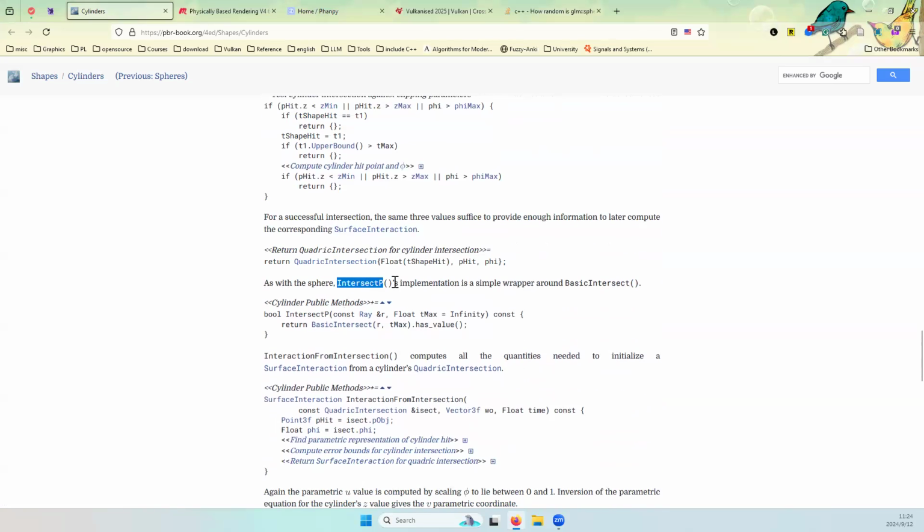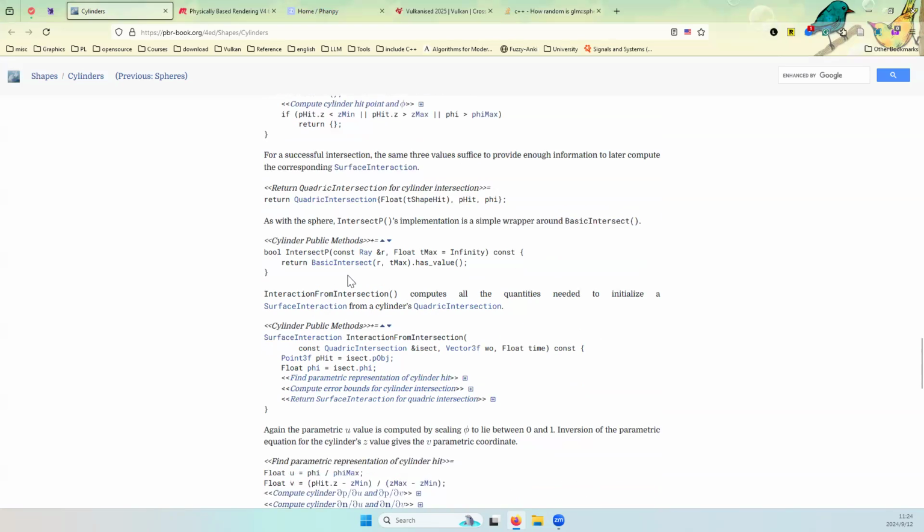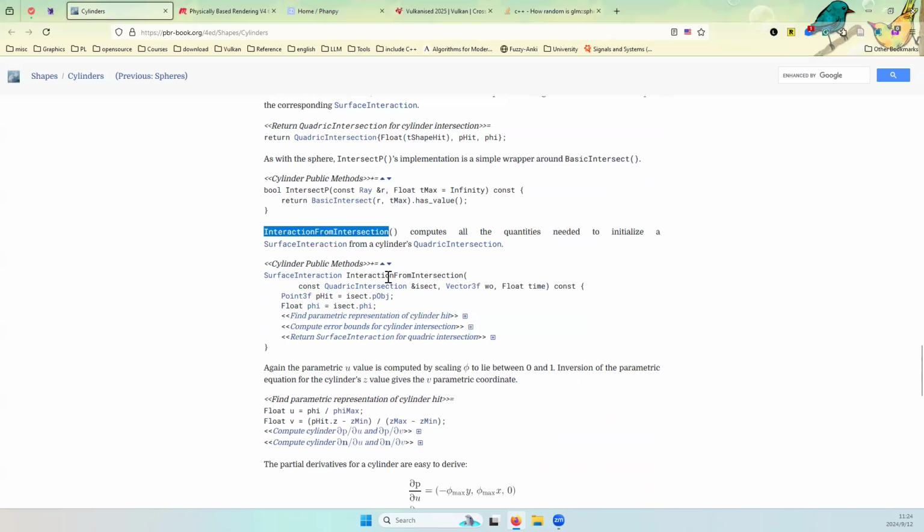And the intersect implementation is just a simple wrapper of basic intersect. Interaction from intersection.